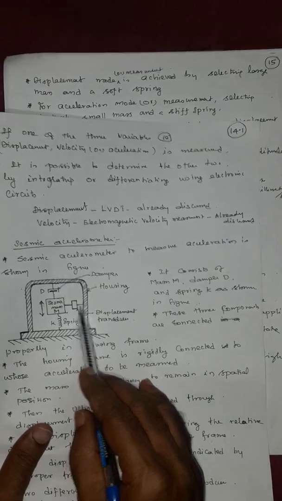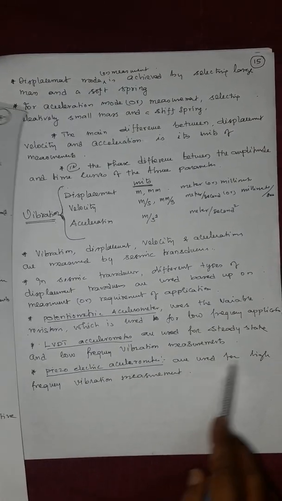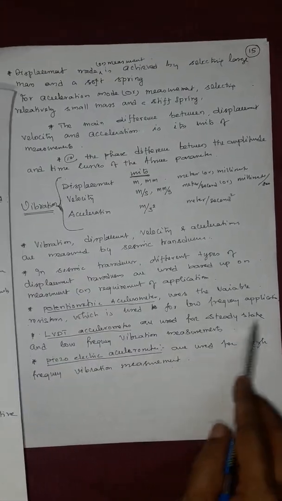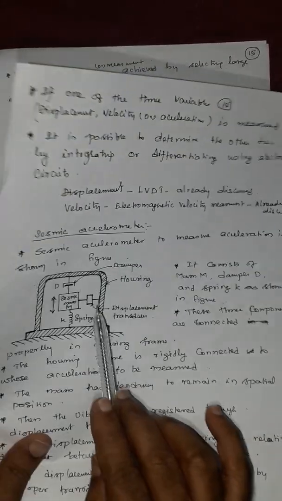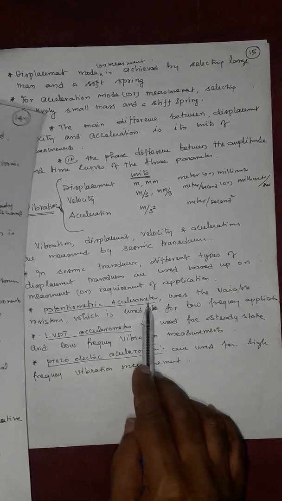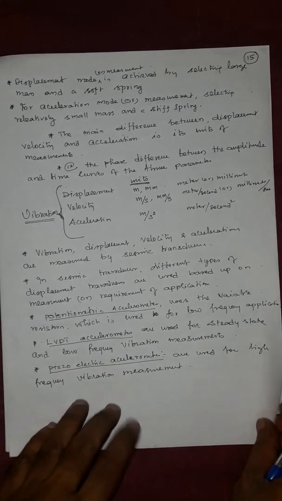If the transducer is piezoelectric, it is used for high frequency vibration measurement. If this transducer is an LVDT, it is used to measure steady and low frequency vibration. If this transducer is a potentiometer type, it uses a variable resistor and is used for low frequency application. That's all.